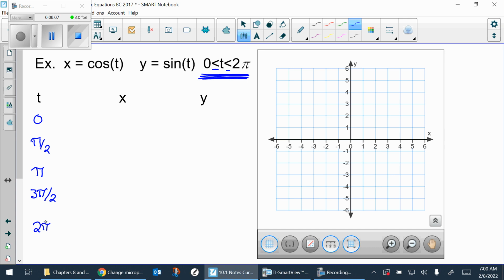Now x is equal to the cosine of these t values. So if we know our unit circle, cosine of 0, cosine of pi over 2, cosine of pi, cosine of 3 pi over 2, and cosine of 2 pi.